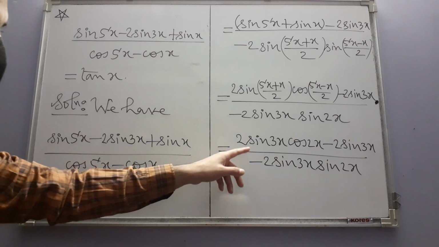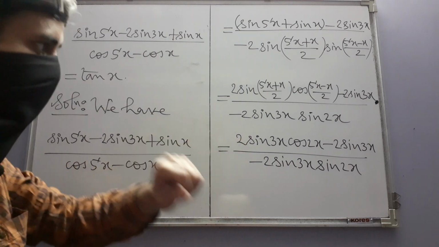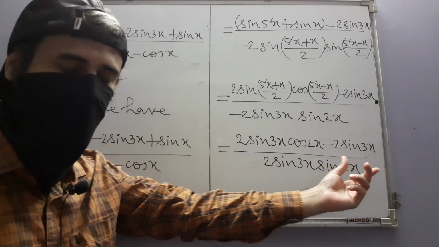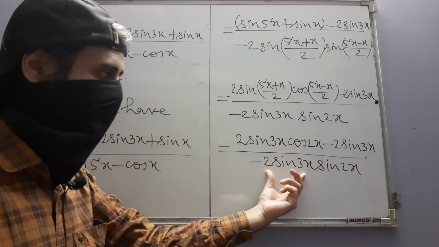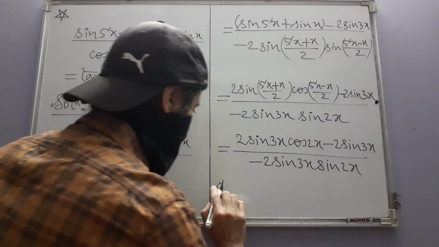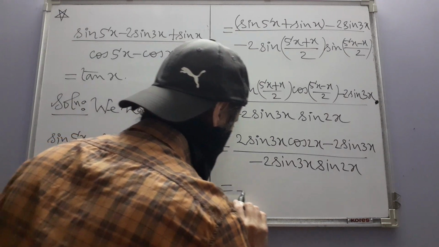So you can see that you can cancel 2 sine 3x, which is available in the numerator, with it in the denominator. But of course there is a minus sign. That should not be forgotten.